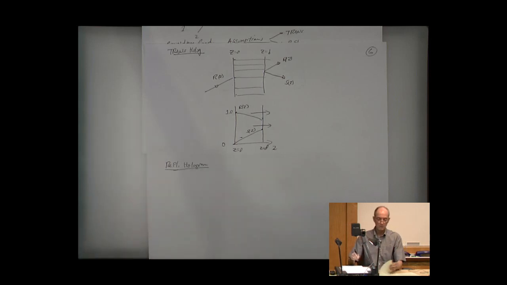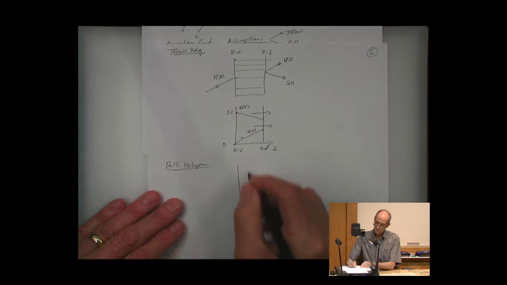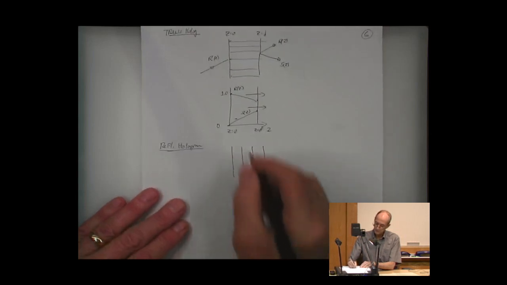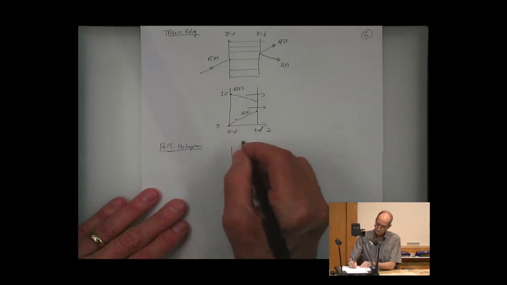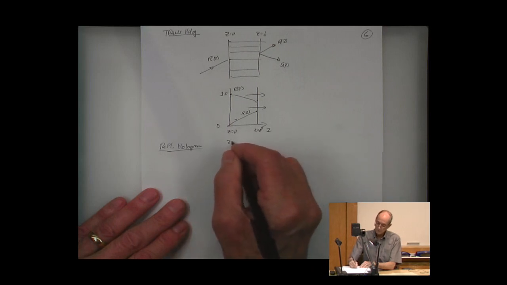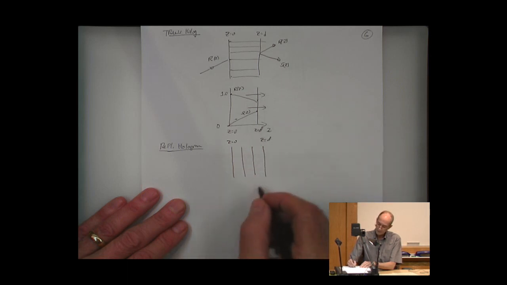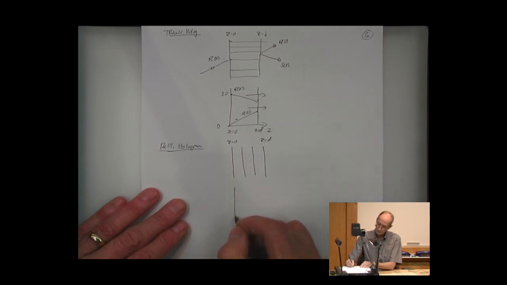All right. So again, this is very different. So here's our grating again from z equals 0 to z equals d, and draw another graph underneath here, z equals 0, z equals d.